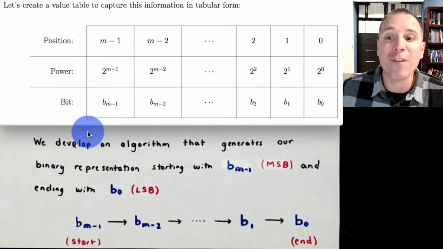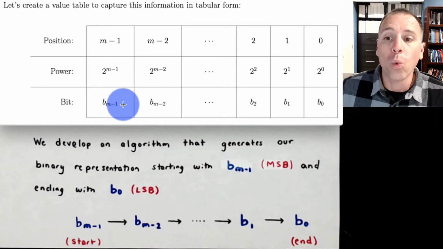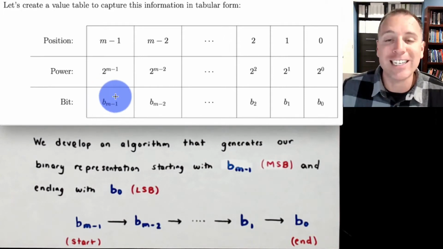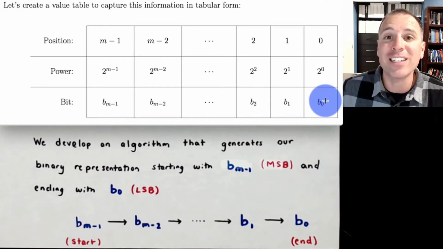When we create a value box, we simply have two rows where each bit is matched identically with its power of 2. In the algorithm we're going to develop in this video, we're going to generate the most significant bit first, the one with the highest power of 2, and then we're going to step down this table step by step until we reach the least significant bit, and then we'll say that our algorithm is over.